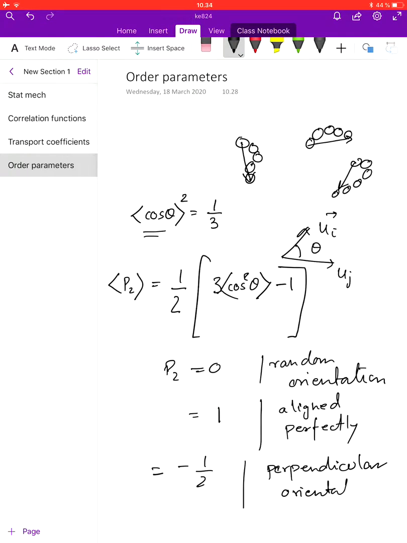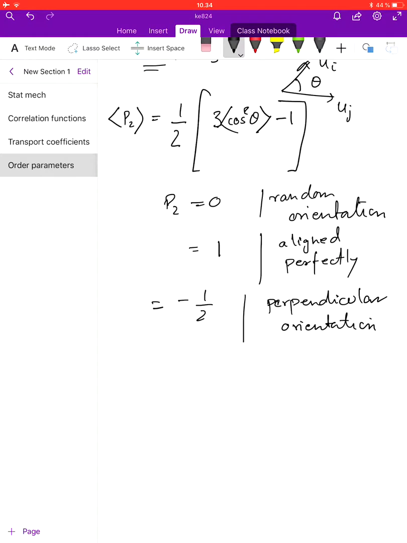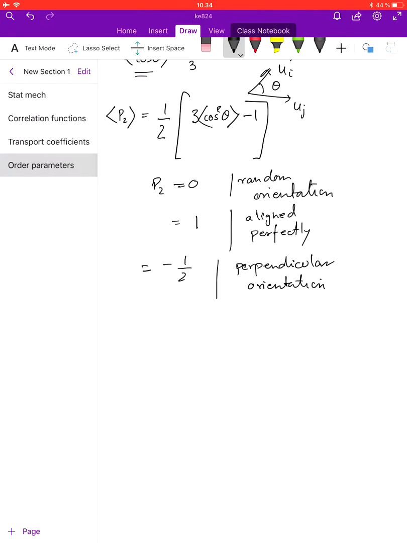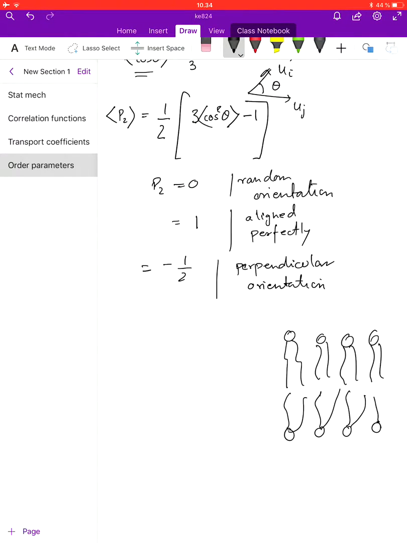In the context of this course, we will use the definition of the order parameters to characterize the structure of lipid membranes. Now if you look at a lipid membrane, which looks something like this, the lipid tails are facing each other to exclude them from the aqueous phase.